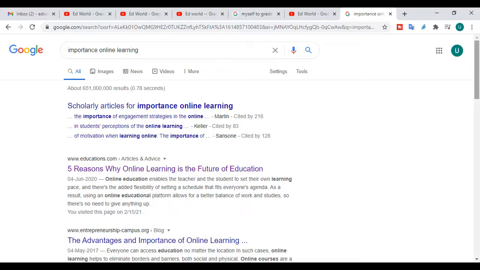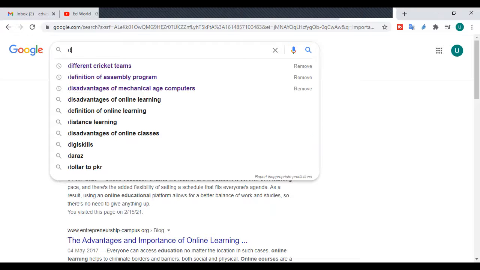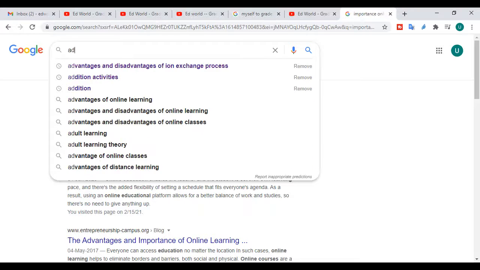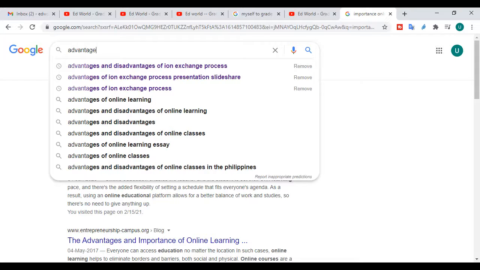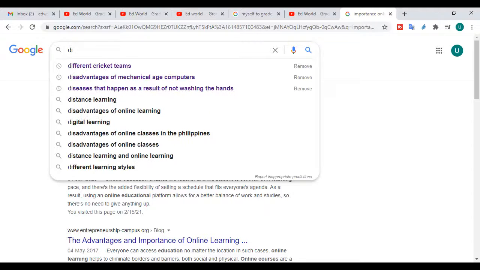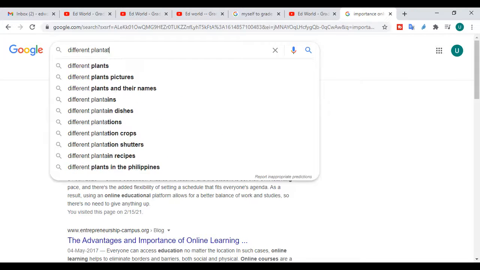Now I'm giving you another example. Let's say I want to know the different plantation crops.